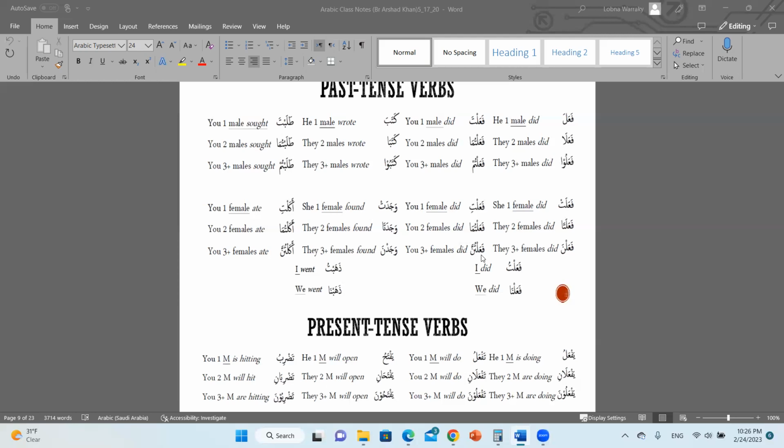For I and we did, it is the same for masculine and feminine. If I take the root word fa'ala, and I want to say I did, I'll say fa'altu. So tu is the added word. And then na is basically we did, so fa'alna. So these are basically the forms for fa'ala.